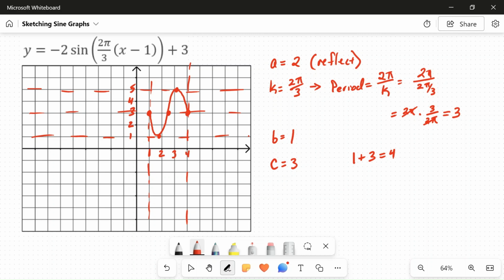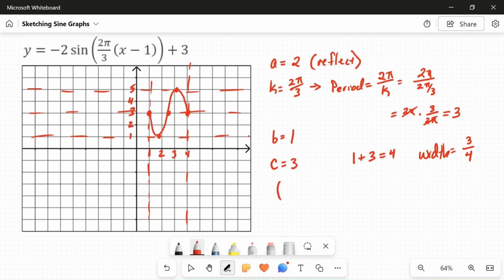Take your entire period, which in this case is 3, and divide it by 4. It's always the period divided by 4. Okay, this is not the whole graph, it's just how far you have to travel between points.